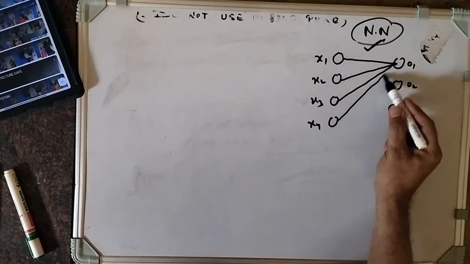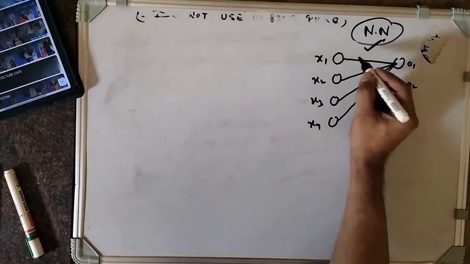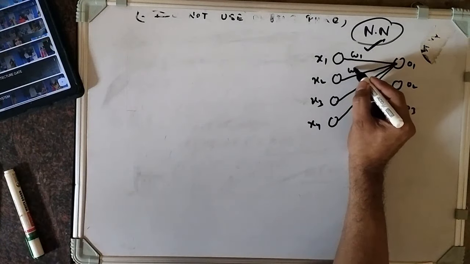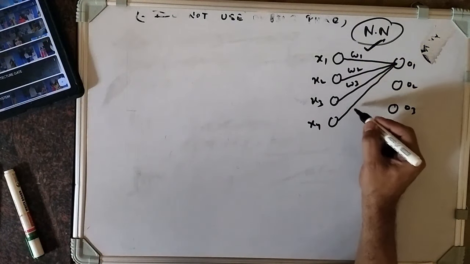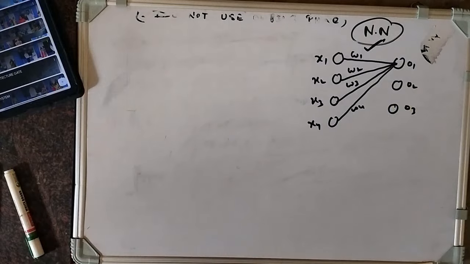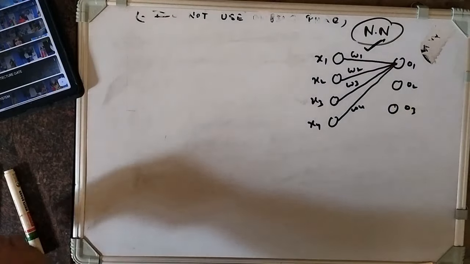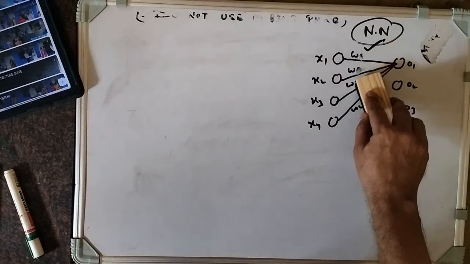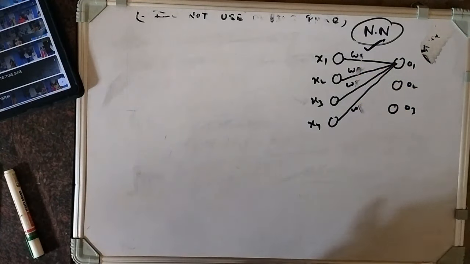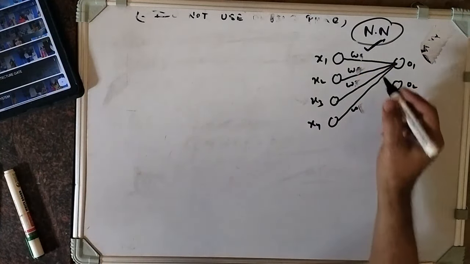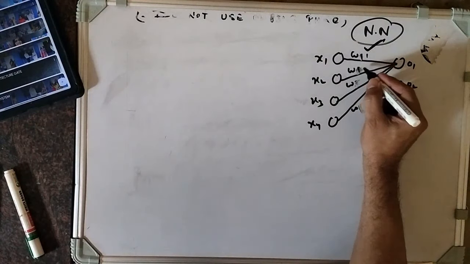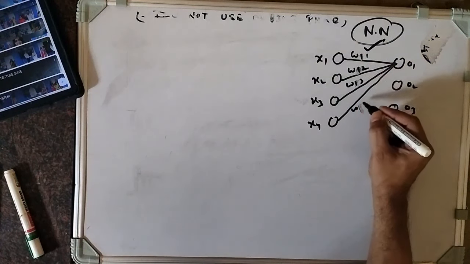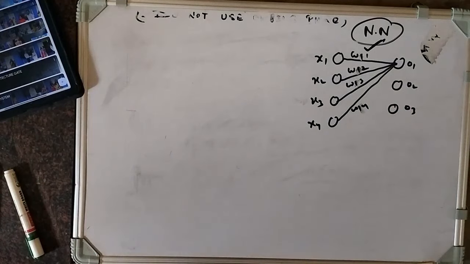I am not writing all of them. Actually, according to mathematics or coding, this is not W1. This is actually 1 1, this is 1 2, this is 1 3, this is 1 4.